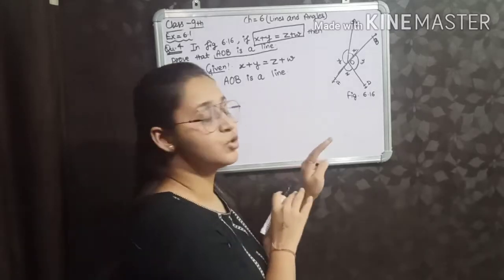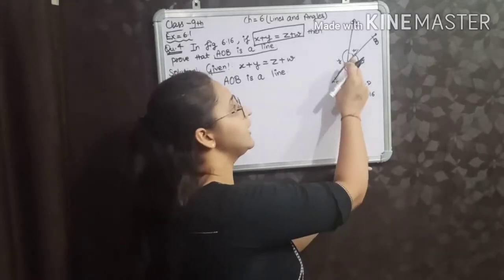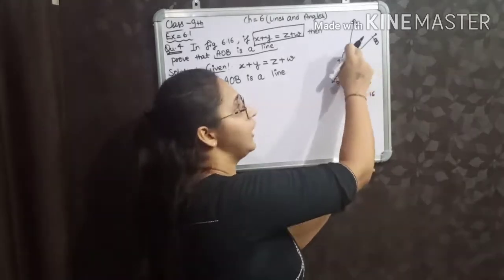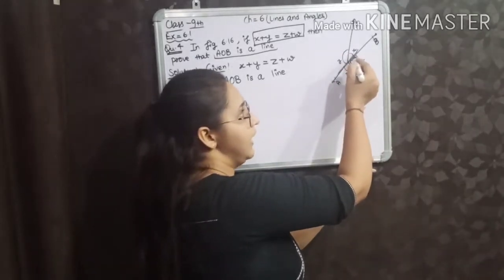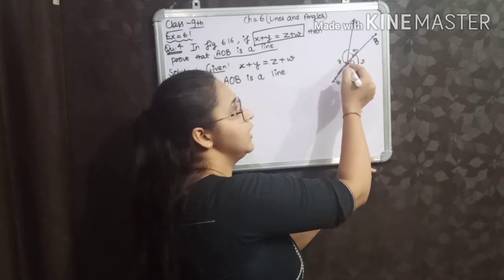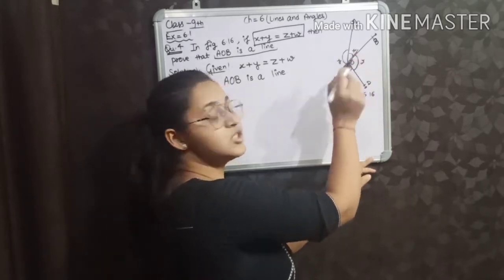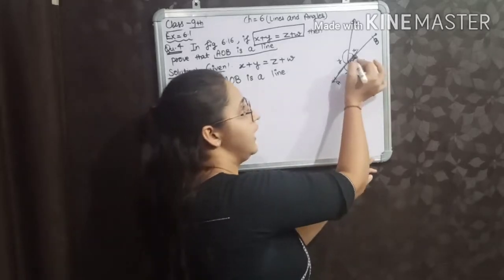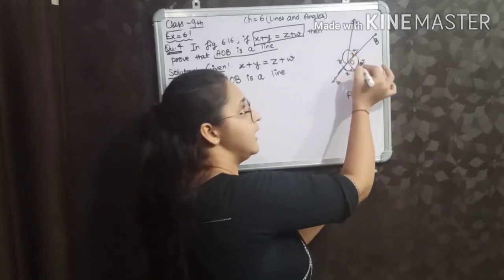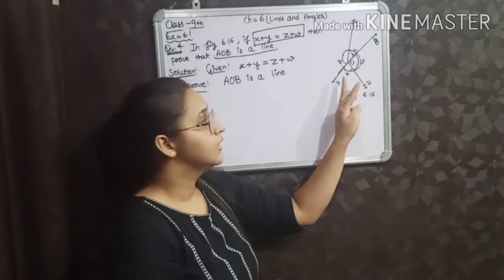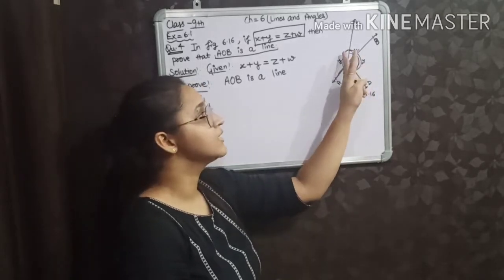First of all, see that if I take the sum of these four angles, that is x plus y plus z plus w, adding these four angles, x, y, z, w, this is making a complete circle.